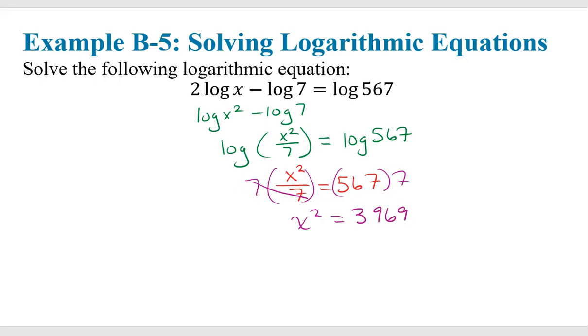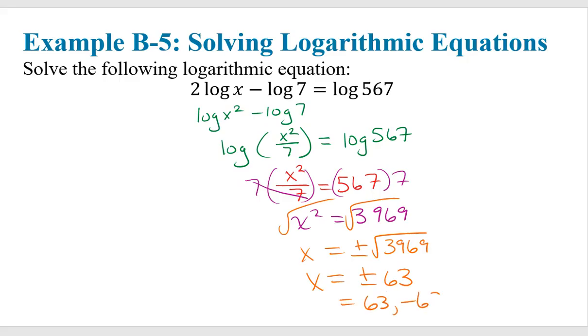All right, so I'm going to take the square root of both sides. So I get x equals plus or minus the square root of 3969. Turns out that is a perfect square, so I get plus or minus 63. So two solutions. I have a positive 63, I have a negative 63.